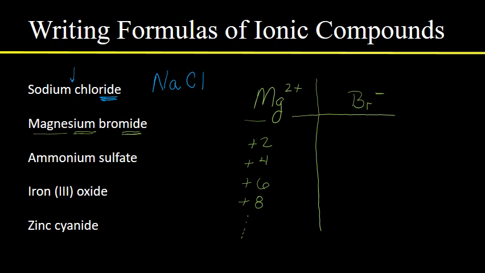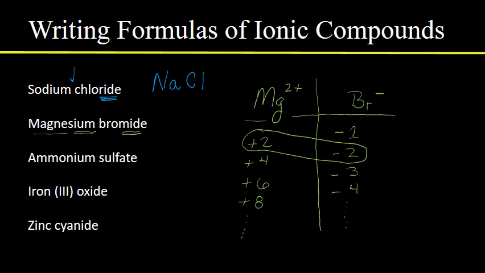For the bromides, one bromide would give us a charge of -1. 2 bromides, a charge of -2. 3 bromides, a charge of -3, and 4, a charge of -4, and so on and so forth. So we see that we can combine them if we have one magnesium, we get a charge of +2, and 2 bromides, we get a charge of -2.